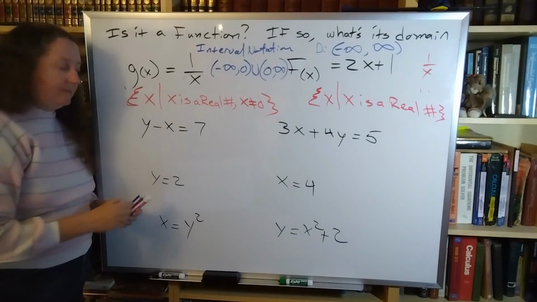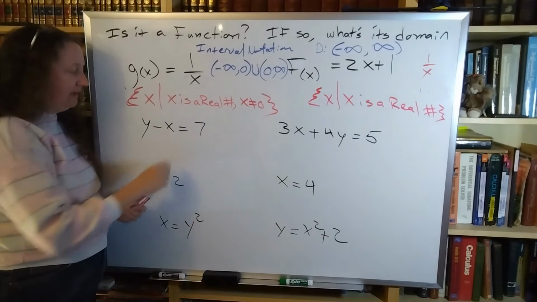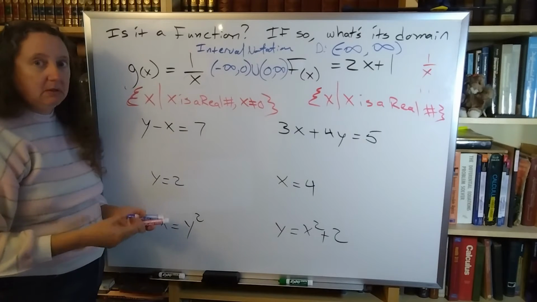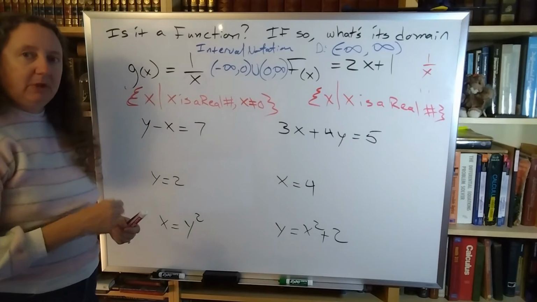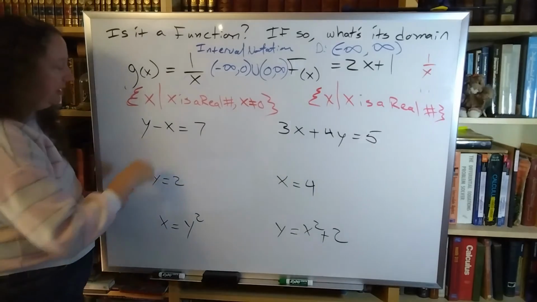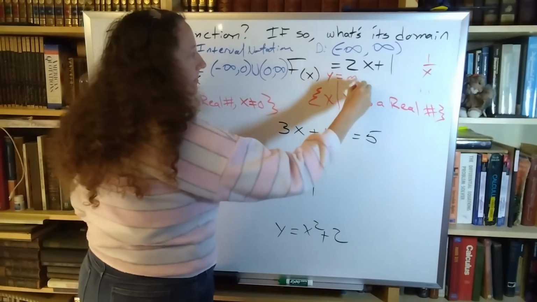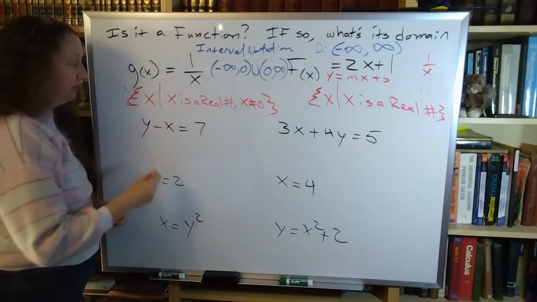Looking down at this, y minus x equals 7. If I can make this look like y equals mx plus b, I'm set. If it looks like ax plus by equals c, I'm good. Looking at this one, that one looked like y equals mx plus b, so that one was good for that reason.